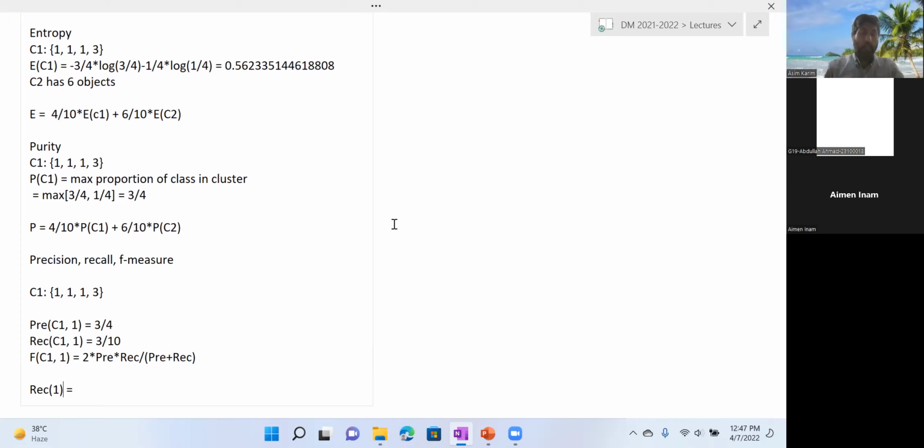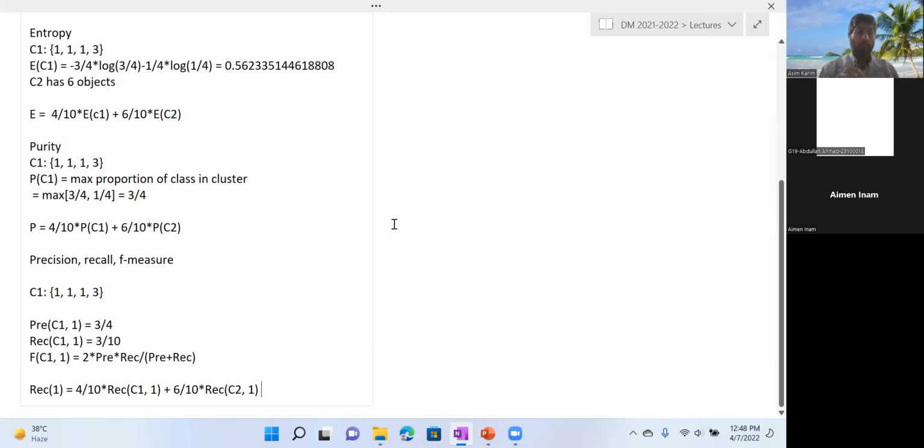So 4 divided by 10 times recall of C1 and 1, plus 6 divided by 10 times recall of C2 and 1. So this now would be the recall for the entire clustering, but for class 1.